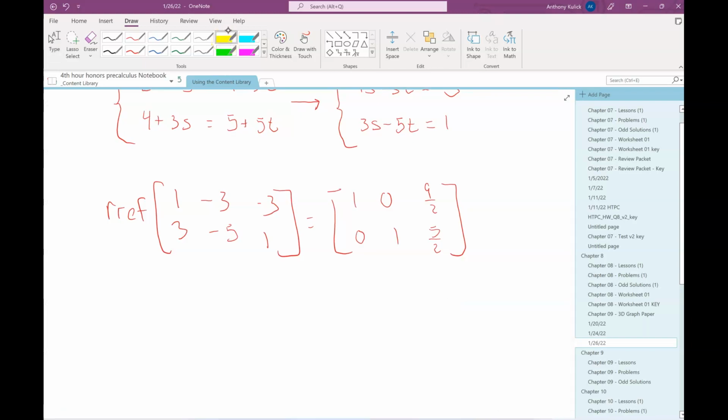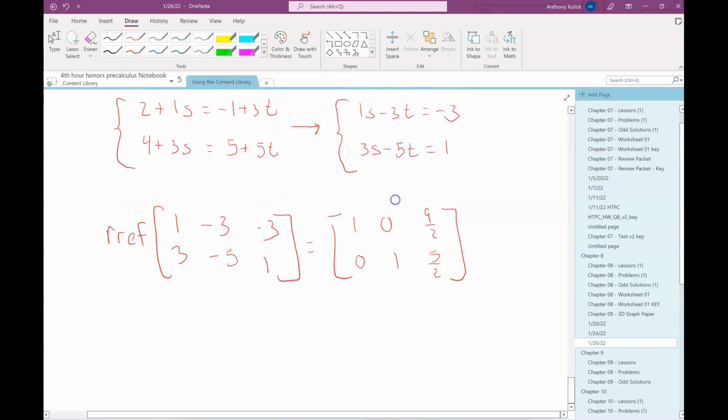So somehow now this matrix is going to tell me the values for S and T. If I go back to my original matrix, I put the S's in the first column and the T's in the second column.